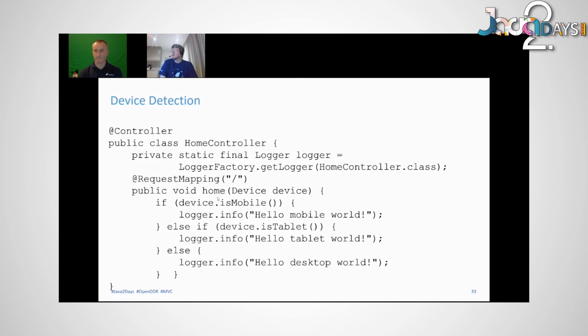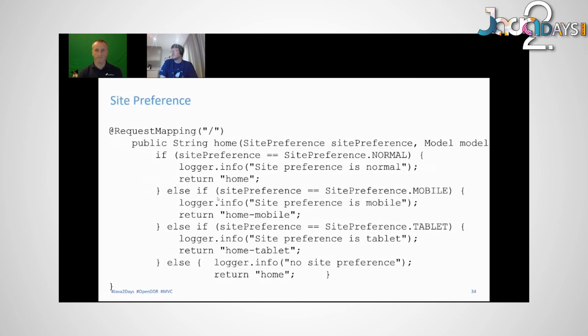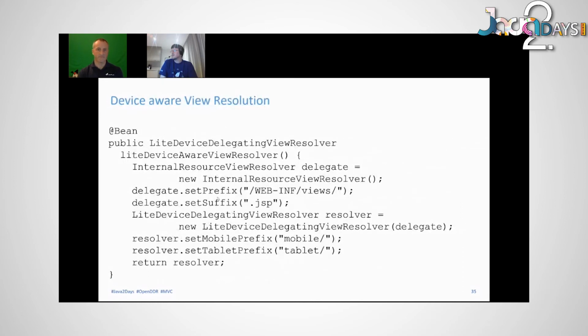And most of the other properties are pretty much hidden and automatically derived. Here's another feature called site preference, and a device-aware view resolution.